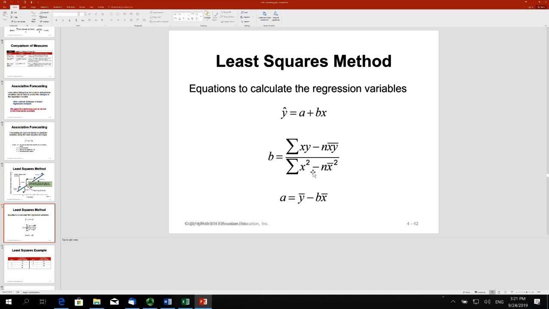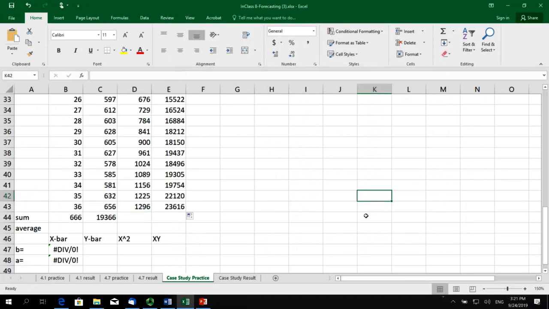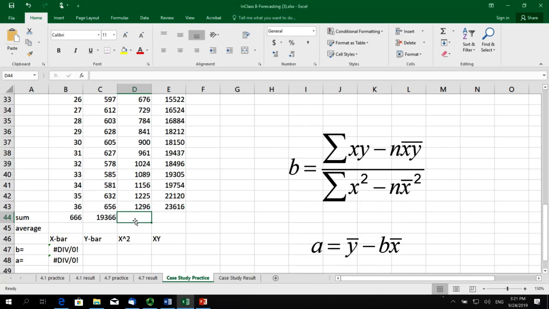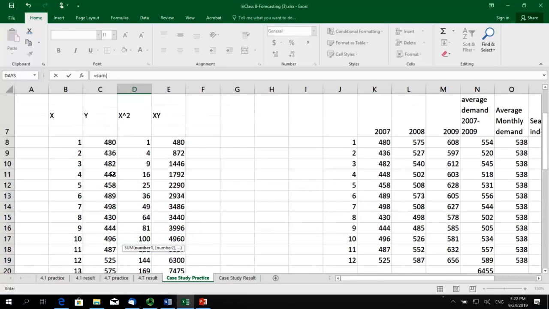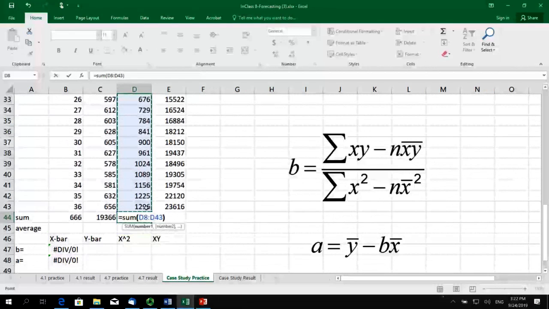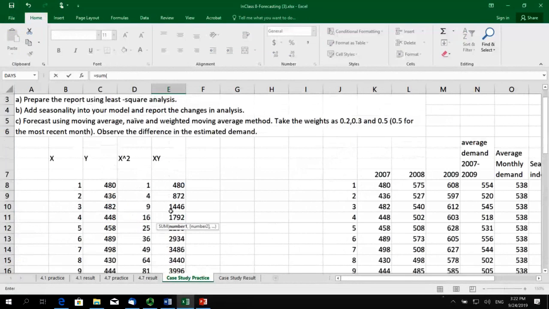So these are the two formulas we need for A and B. Let's put this over here to remind us. All right. Now we need to calculate the sum of x squared, from the first to the last. And this one is the sum of xy.